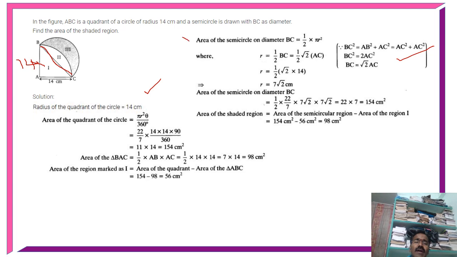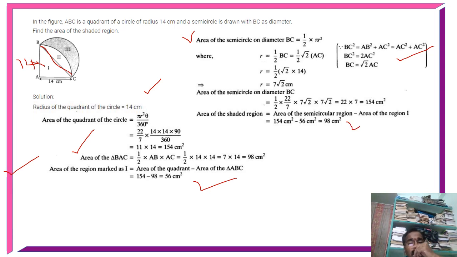We substitute to find the area of the semicircle, find the area of the triangle, and subtract. Marked 1 equals the quadrant minus the area of marked 2, so we get 56 centimeter square, and for the semicircle we find half pi r square, and simplify to get finally the area of part 1, part 2, part 3.